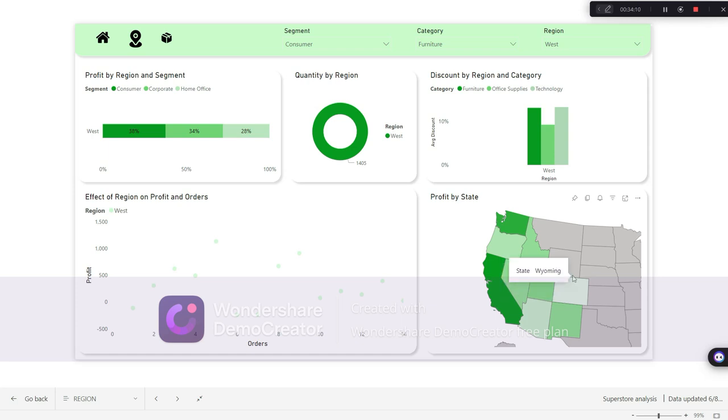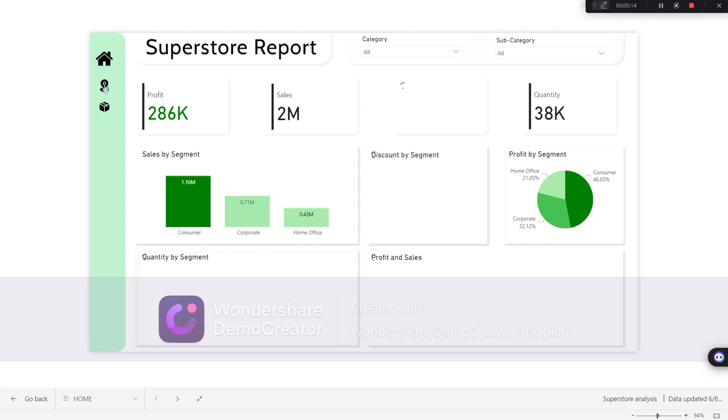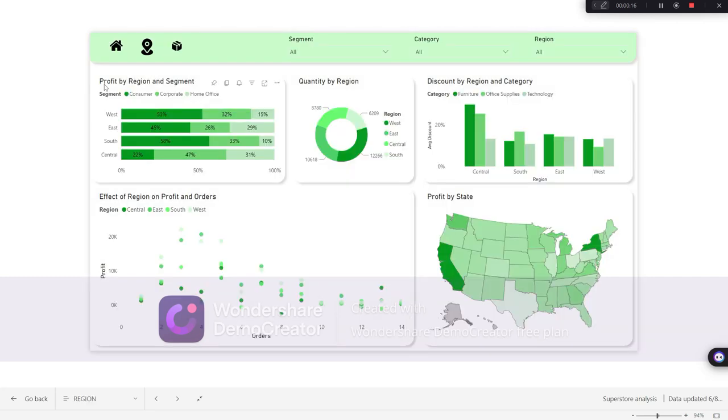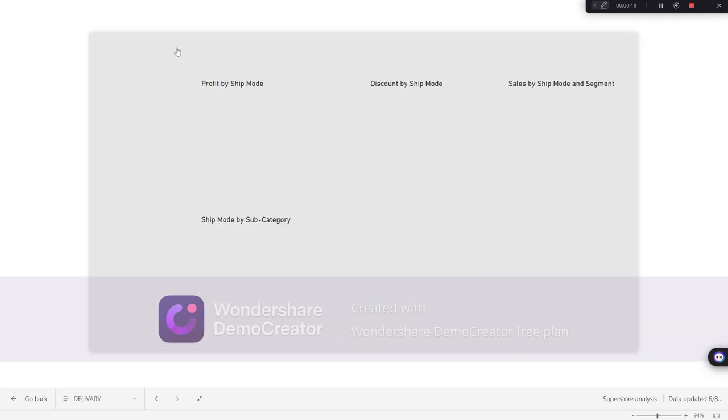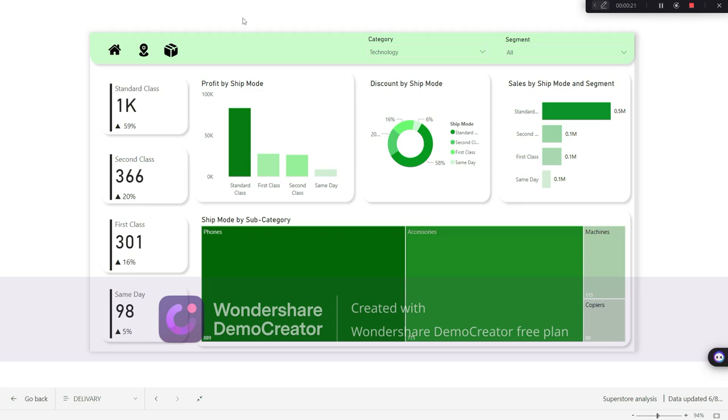Colorado is a loss-making state in West region, and California is a profit-making state in West region, about 4K. Then region and ship mode. That's it from my side.